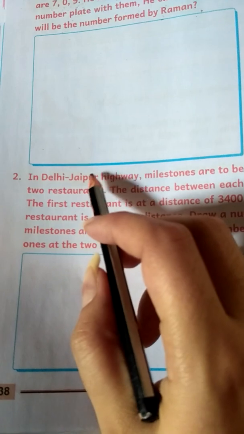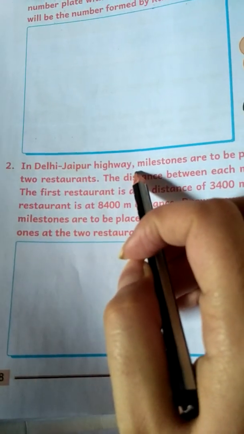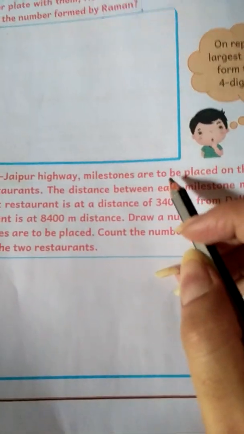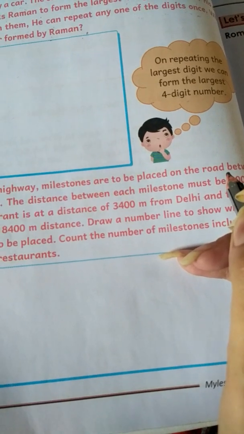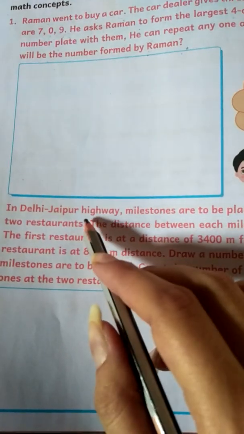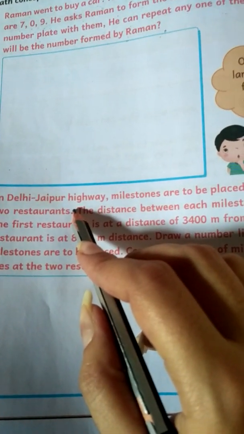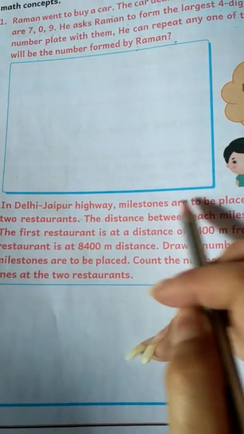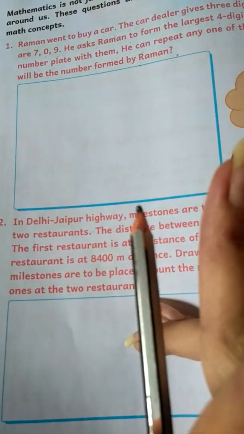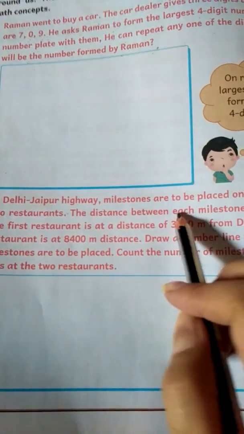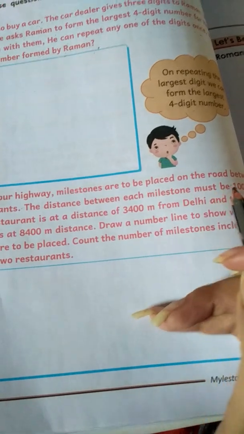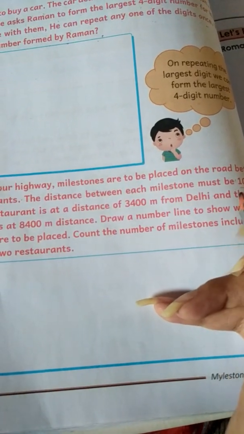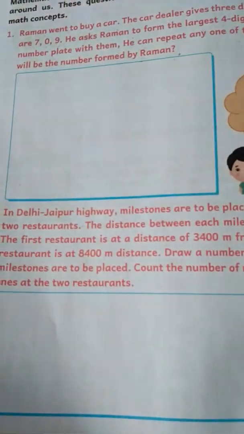Now our next word problem is about the Delhi Jaipur highway. Milestones are placed on the road between two restaurants on the Delhi Jaipur highway. The distance between each milestone must be 1000 meters.